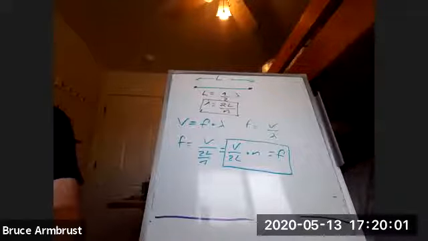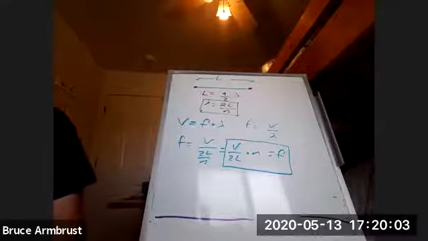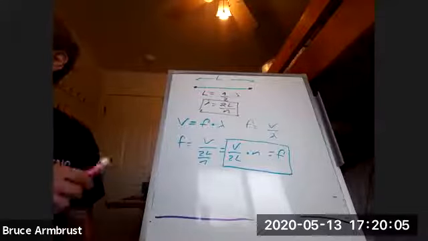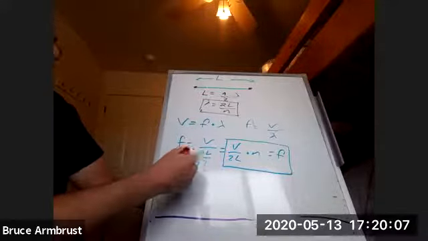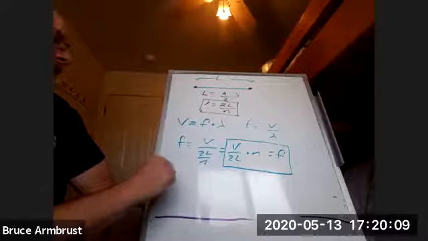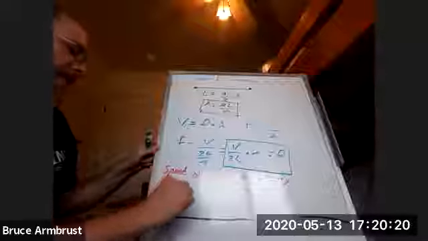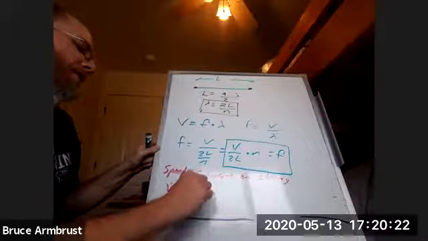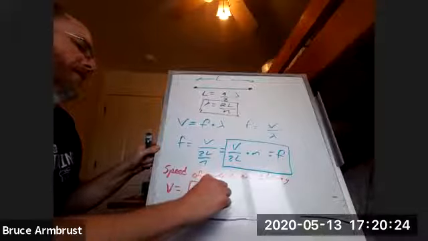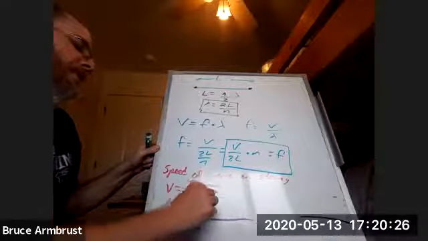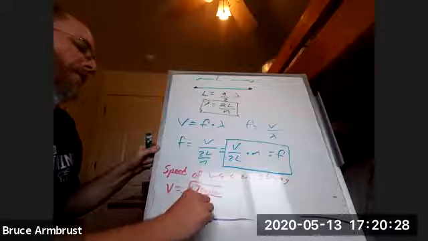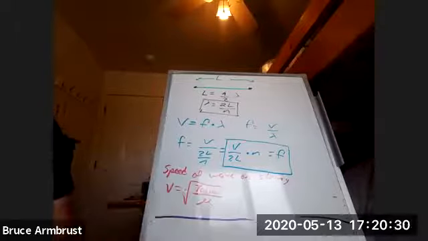Kind of remember that? So the speed of a wave on a string was that V was the square root of the tension over the mass density.